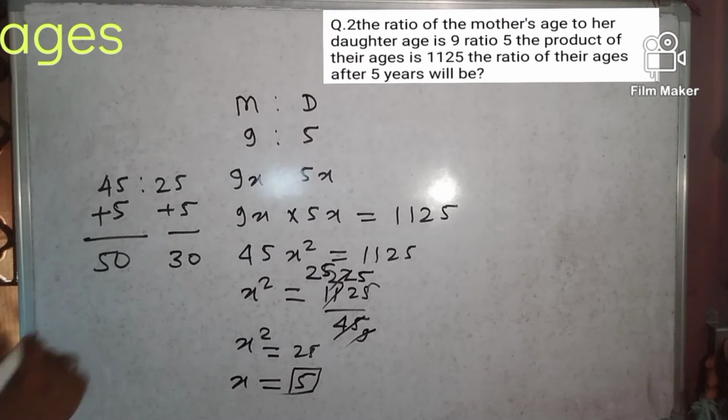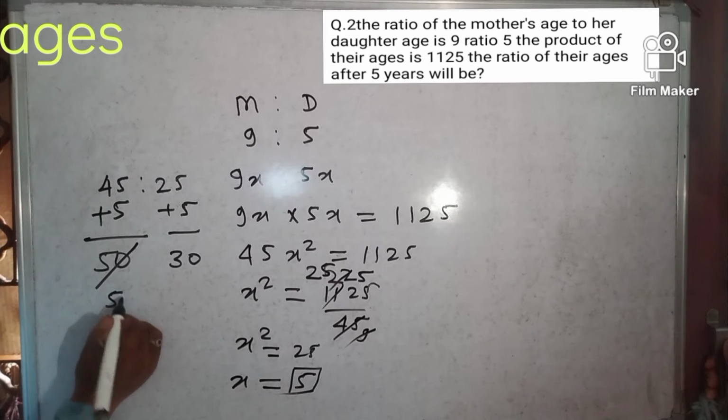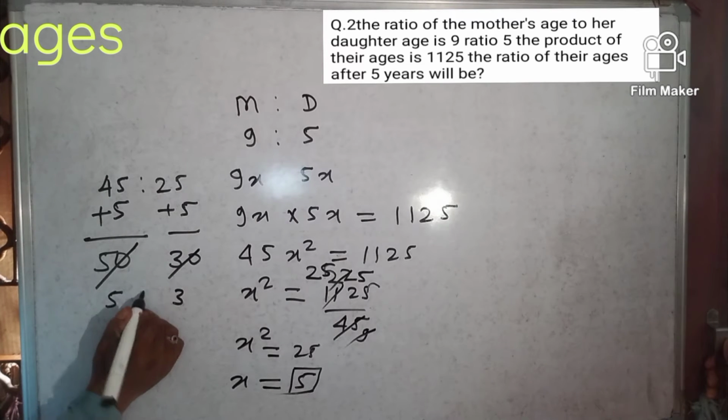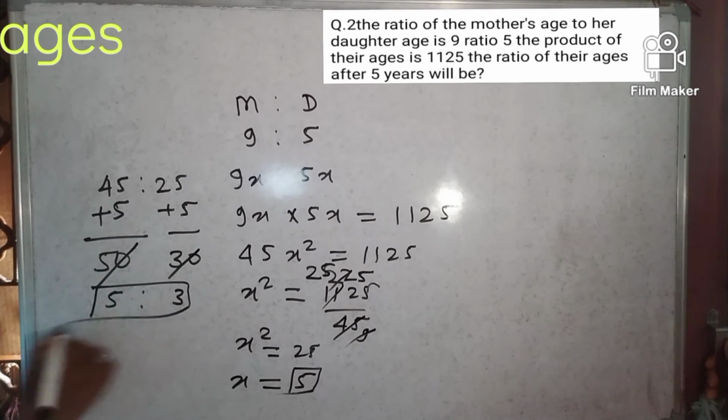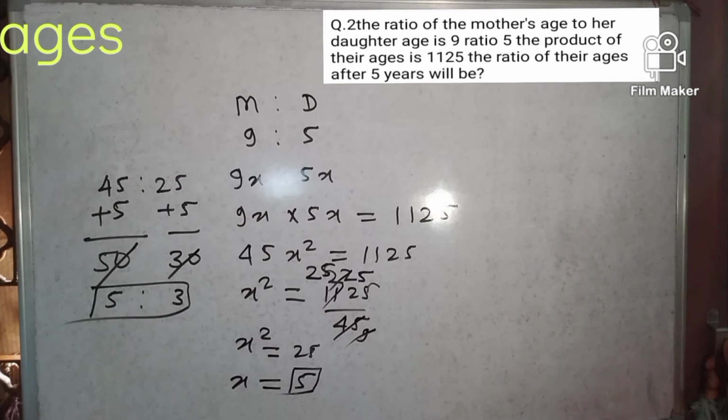So the ratio will be 10 times 5 is 50 and 10 times 3 is 30. So the ratio after 5 years is 5:3. Which option is correct? Yes, option D is correct.